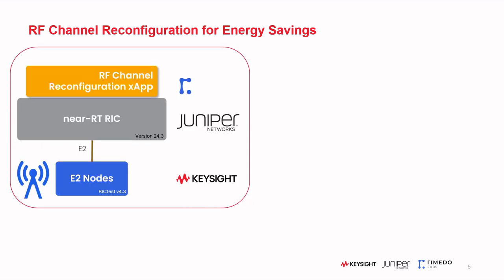Rimedo Labs, Juniper Networks, and Keysight have collaborated to demonstrate a solution to this challenge. RF Channel Reconfiguration xApp provided by Rimedo Labs is onboarded to Juniper Networks Near-RT RIC. This is connected to Keysight's RICtest solution, providing RAN simulation and stateful E2 interface communication.